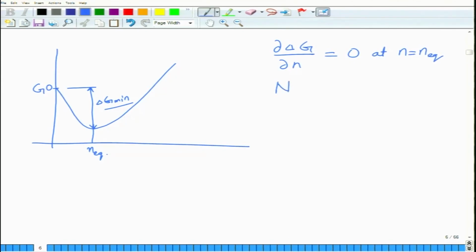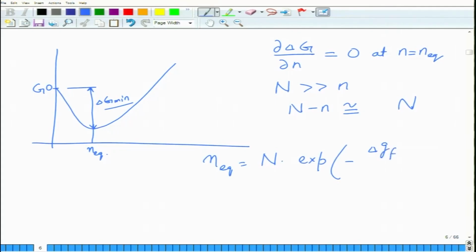And since capital N is much larger than small n, I can say N minus n is equal to capital N. If I differentiate the above equation which I showed earlier and apply this condition, what we get is n equilibrium is equal to capital N multiplied by exponential of minus delta Gf divided by small kT.